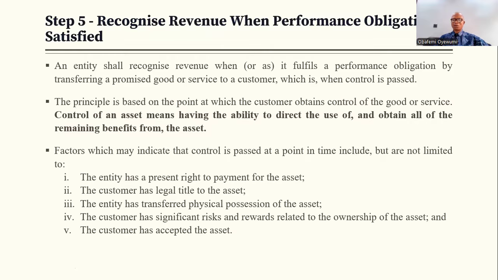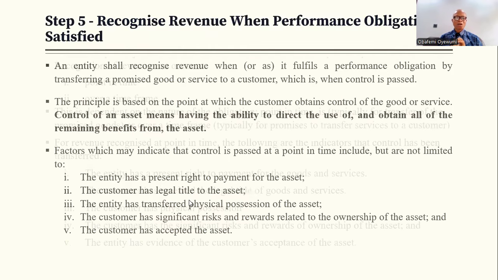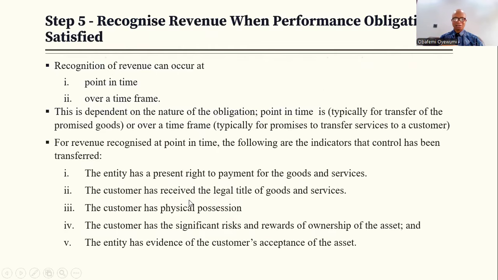So you have to take note of all of these points because they are very germane and very important to the understanding of the IFRS principle as it relates to revenue from contracts with customers. So please take note, student or even practitioner.